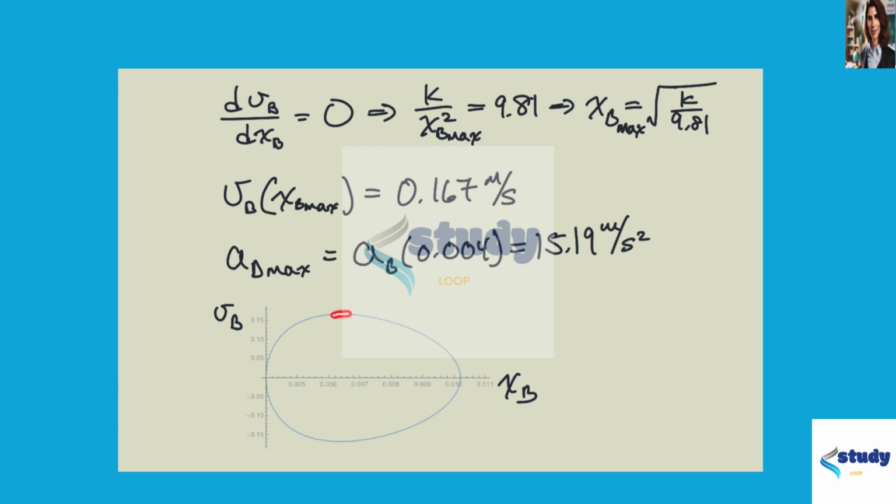Then our acceleration changes sign, and we start to slow down. And finally, we reach a maximum displacement, which is this value. And then we start to fall back down towards the other magnet. And now the acceleration starts to kick back in.